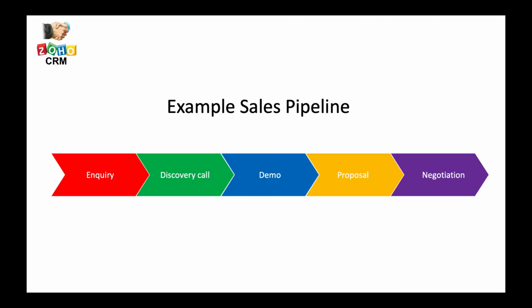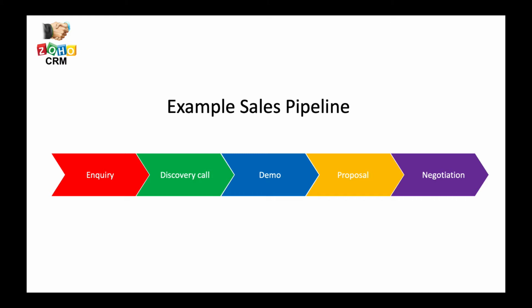So the idea of the visual pipeline is to make sure that your sales staff are moving through your sales process in a logical step-by-step way. The sales pipeline also allows you to display all your current prospects who are in your deal pipeline and at which stage they are at.